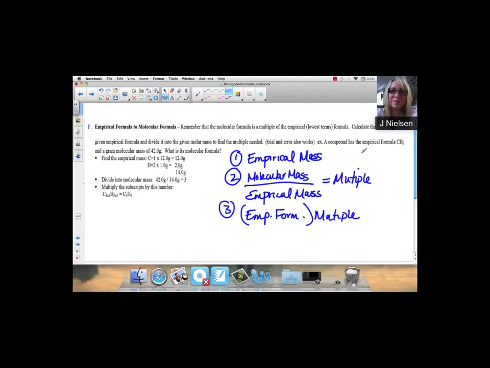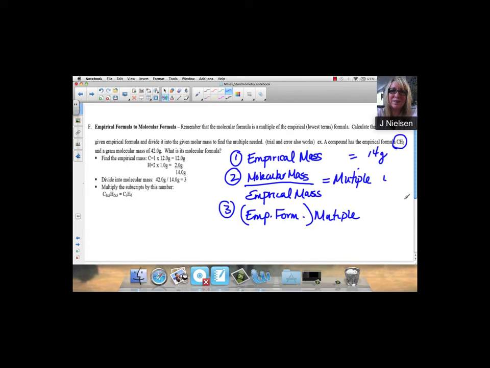So here they're saying a compound has the empirical formula of CH2. First thing I want is the empirical mass. 12 and 2 times 1 is 2, so the empirical mass is equal to 14 grams. It has a gram molecular mass of 42. So this is our molecular mass.